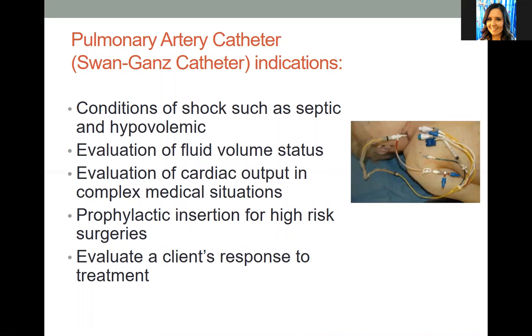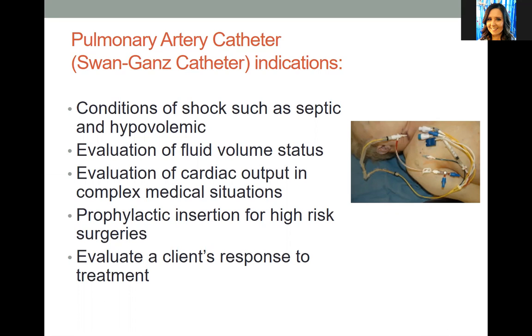So one of the brand names for our pulmonary artery caths is Swan-Ganz, and that's the two physicians that created it. So you might hear it called a Swan or a Swan-Ganz or a PA or pulmonary artery catheter, all the same thing. We use them for conditions like shock or sepsis, or maybe routinely after cardiac surgery. We can evaluate fluid volume status, cardiac output.